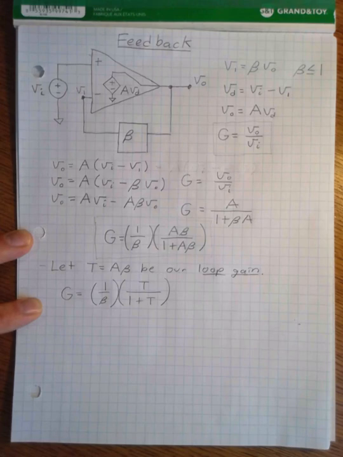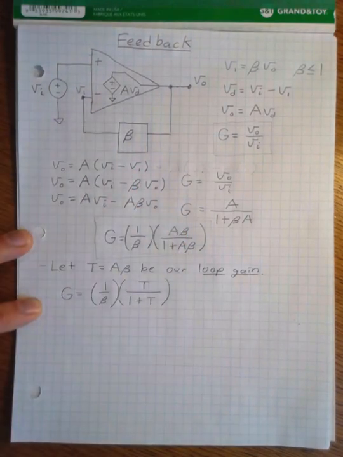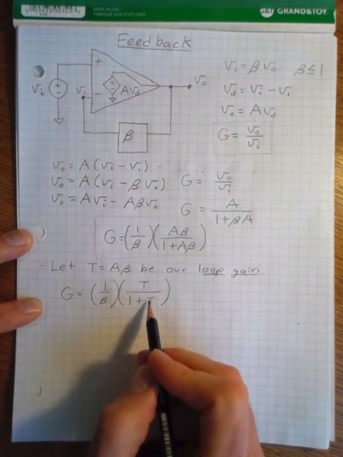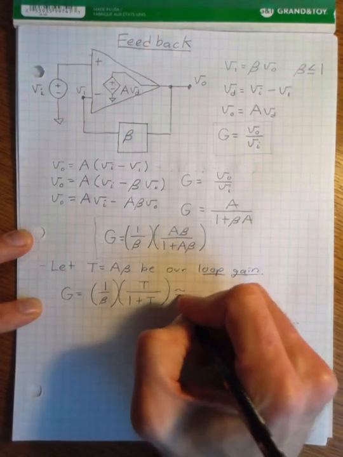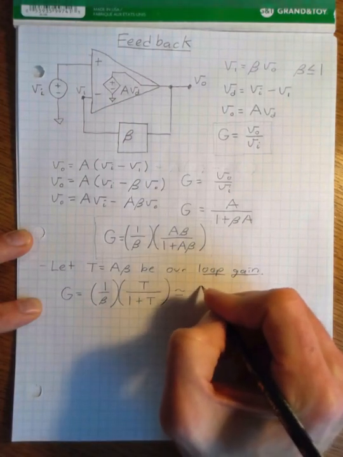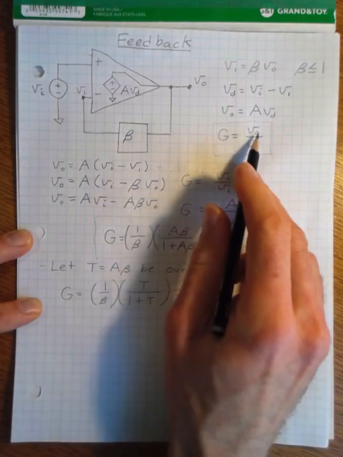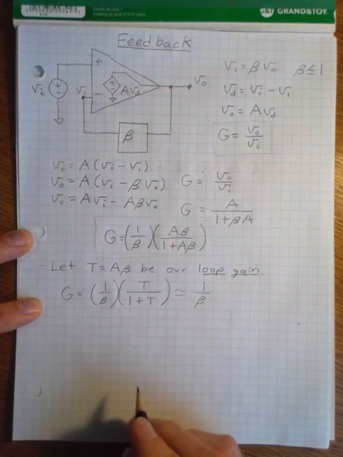It might be equal to a third or a fifth or something like that. And A is equal to 10 billion, right? So our loop gain is still very, very large. And because T is large, T is approximately equal to 1 plus T. And so our voltage gain, the ratio of the output voltage to the input voltage, is approximately equal to 1 over beta.